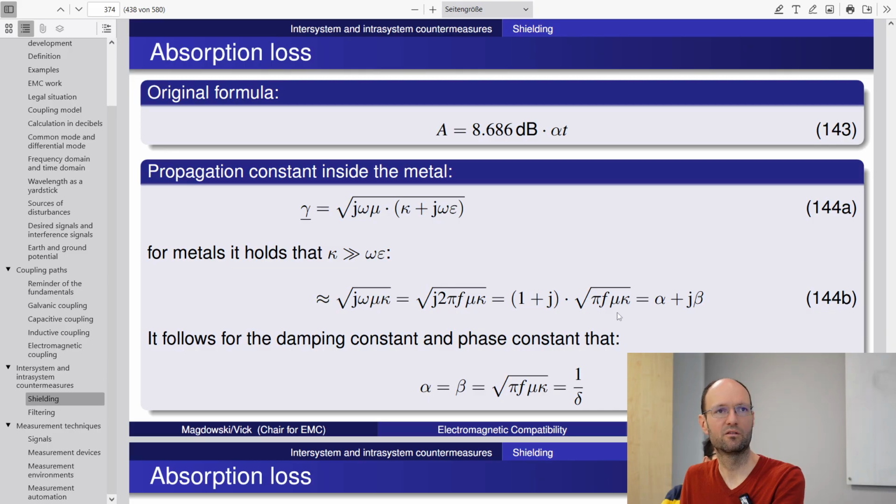And then we had this approximation that it's 1 plus j, and this is 1 over delta. So if we have (1 + j) divided by delta, yeah, that should be it.